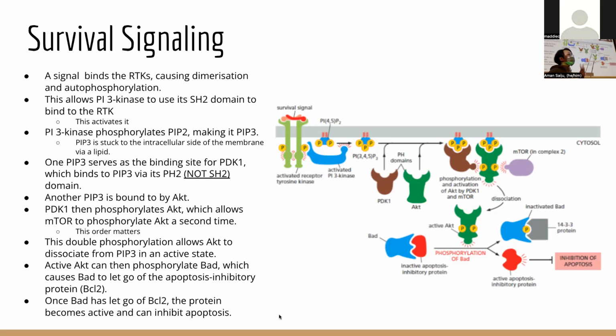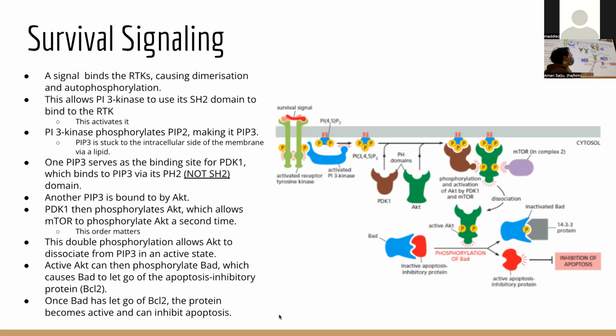But there's a sequence of steps. First, PDK1 needs to be bound to PIP3. Now PDK1 is activated. Once PDK1 is active, it can phosphorylate AKT. AKT also needs to be bound to PIP3 to be activated. But once PDK1 activates AKT, PDK2 comes in and gives the second phosphorylation step that allows for a fully activated AKT.